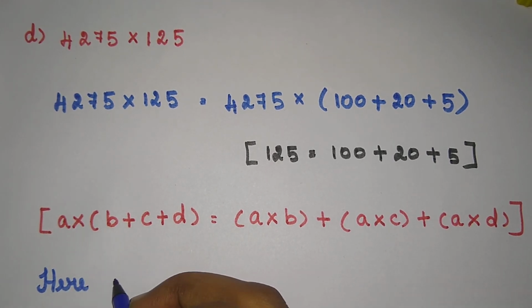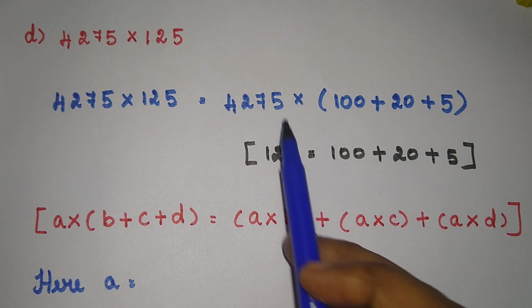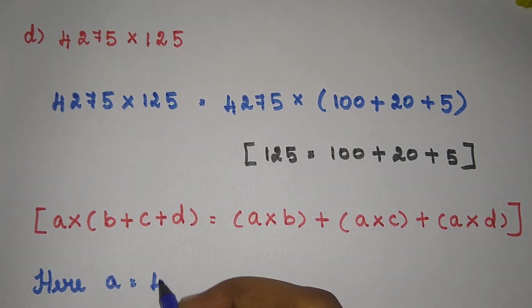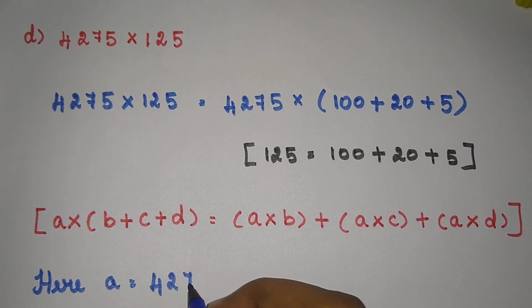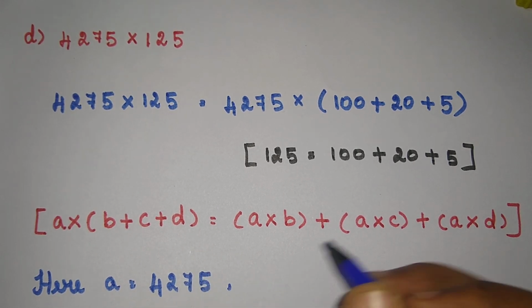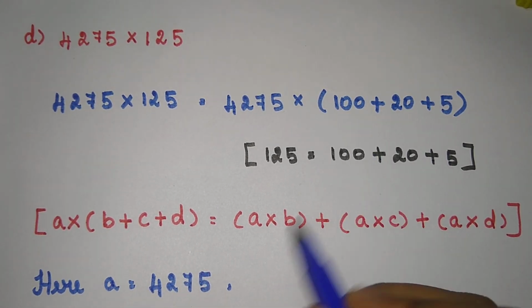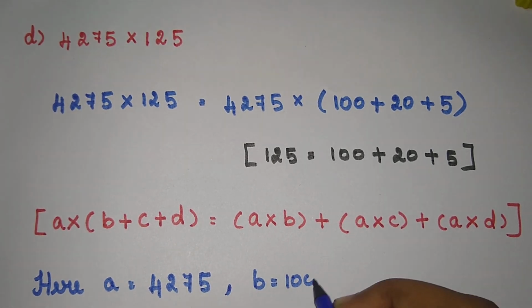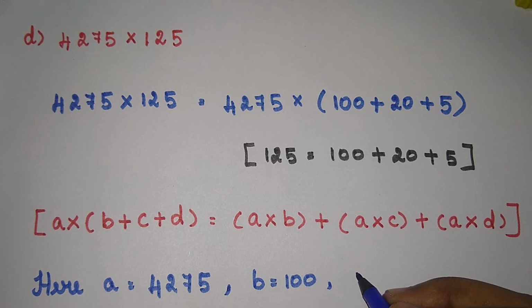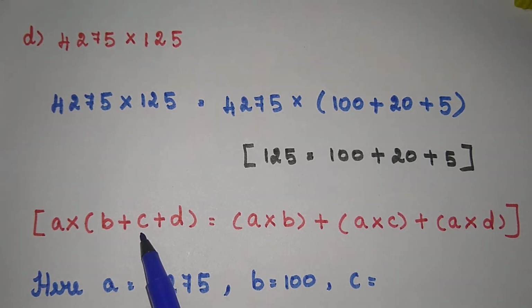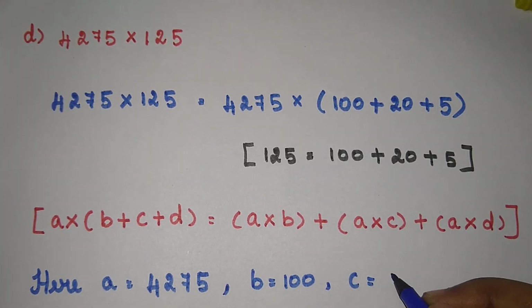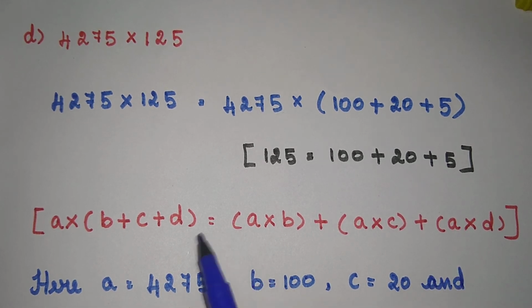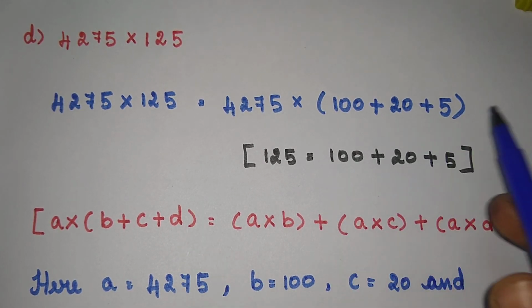Then what is the value of A? A is 4275. B is 100. Next, C is 20. And D is 5.